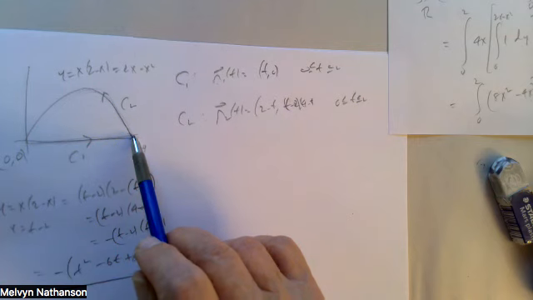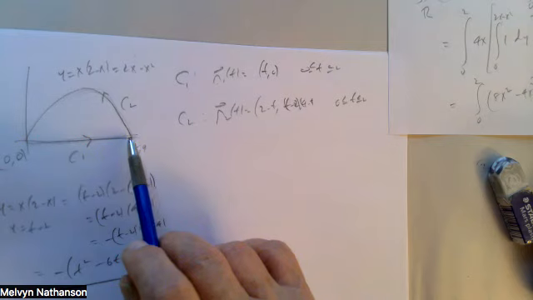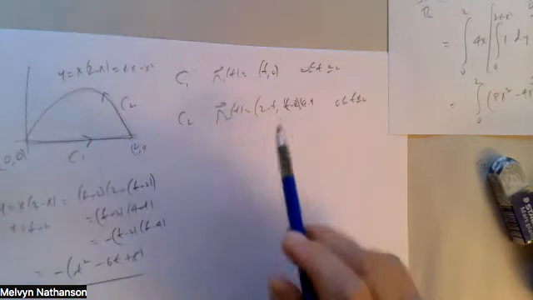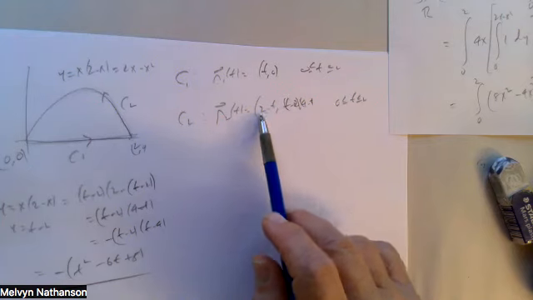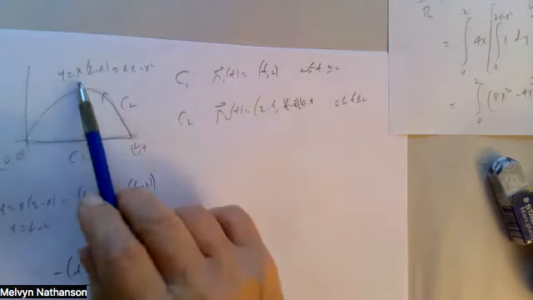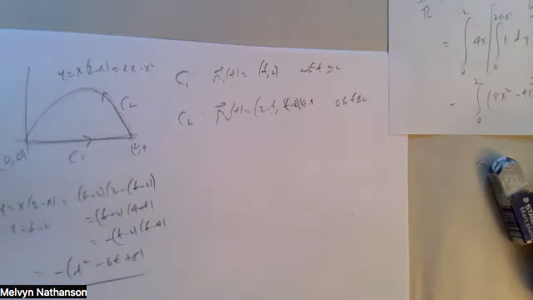You want to go from 2 down to 0, so your x coordinate is going to be 2 minus t. This goes from 2 to 0 as t goes from 0 to 2. And x times 2 minus x, excuse me one second.